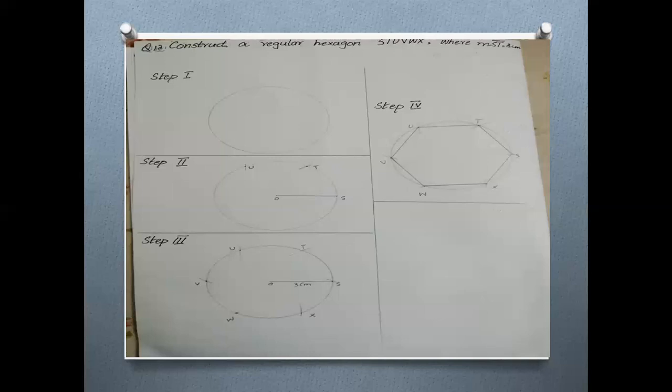Now you see there are 6 arcs in the circle. ST, TU, UV, VW, WX, XS.